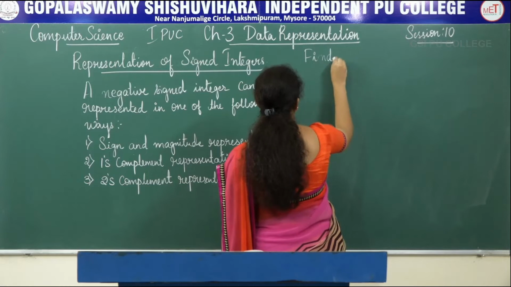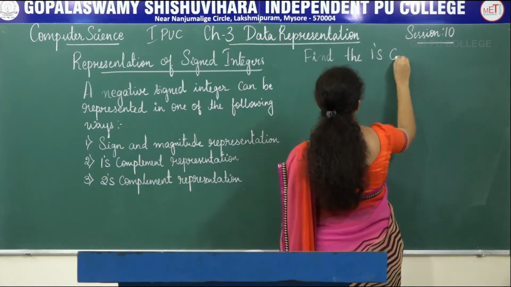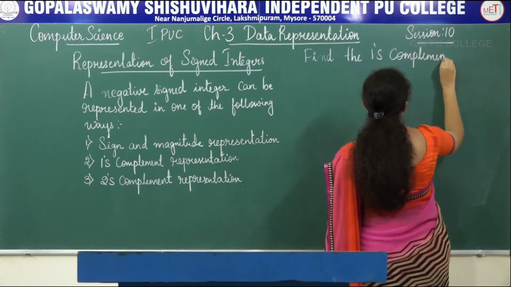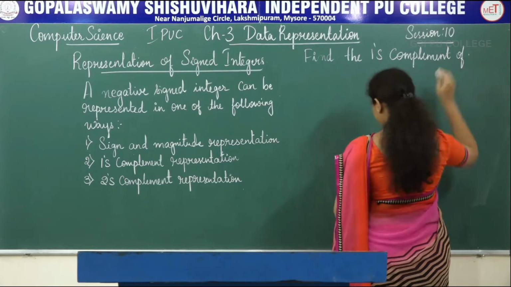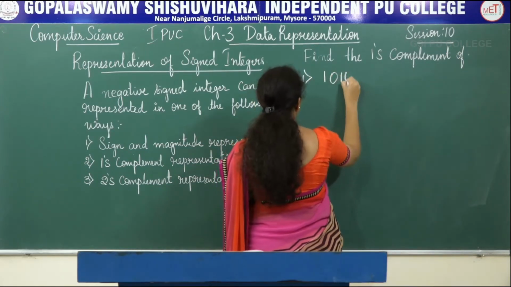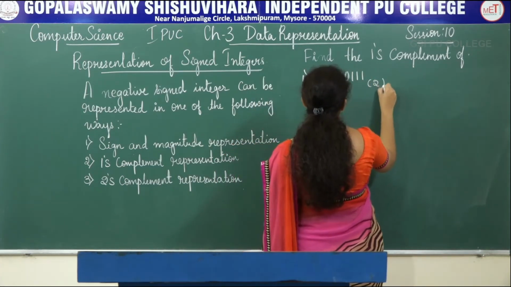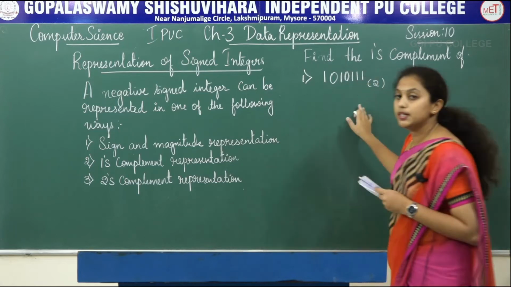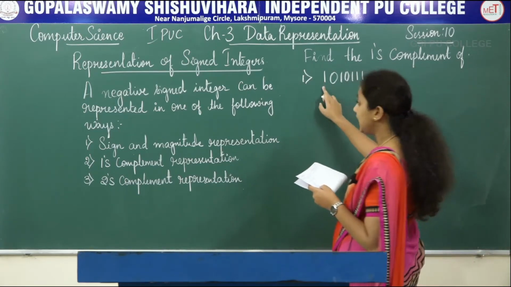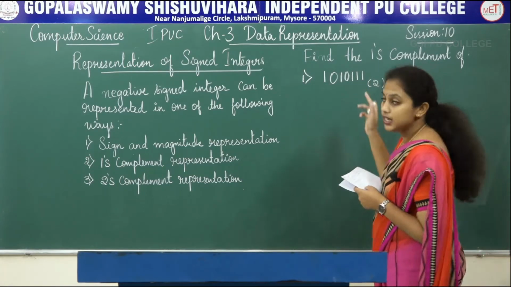Find the ones complement of the first one, 1 0 1 0 111 base 2. The ones complement of a binary number is obtained by changing each zero to one and each one to zero.